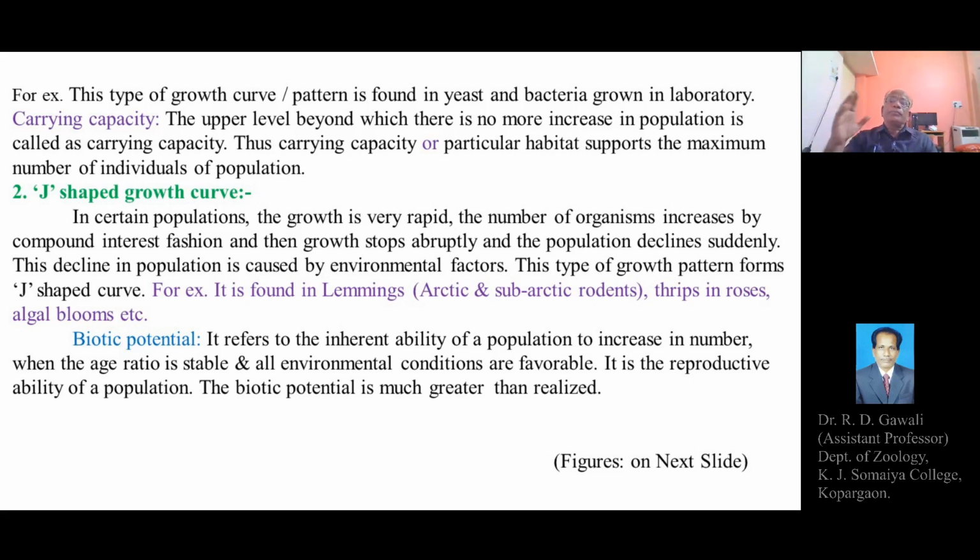After that the growth becomes fast, the number of organisms increases rapidly and reaches the maximum number. This rapid growth in a number of individuals in a population is called the logarithmic phase.